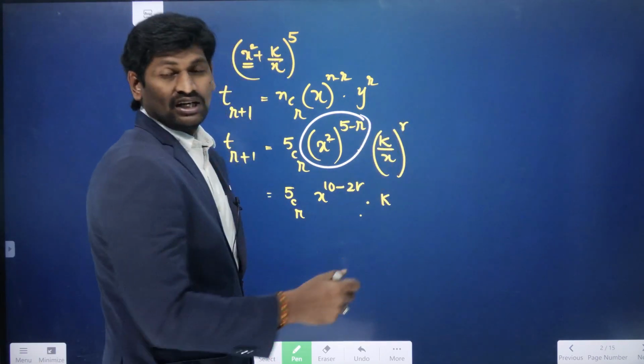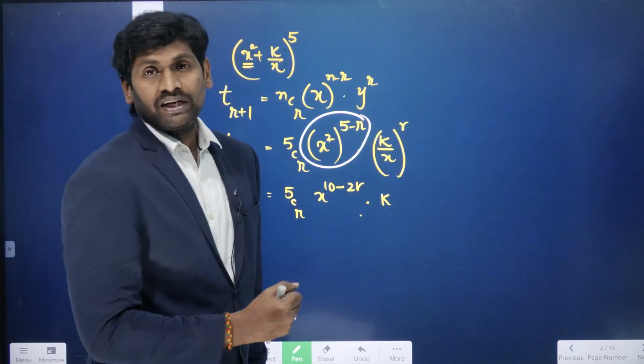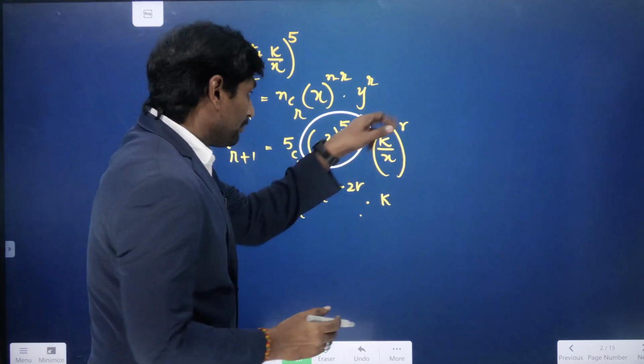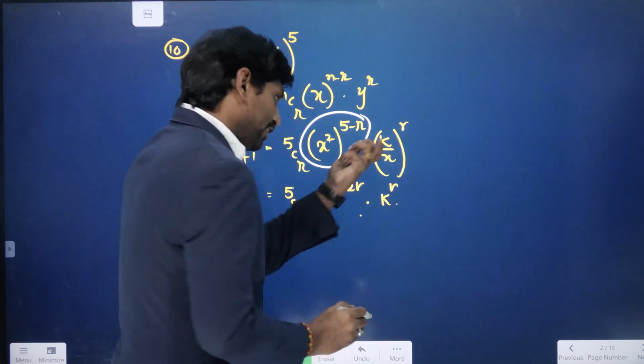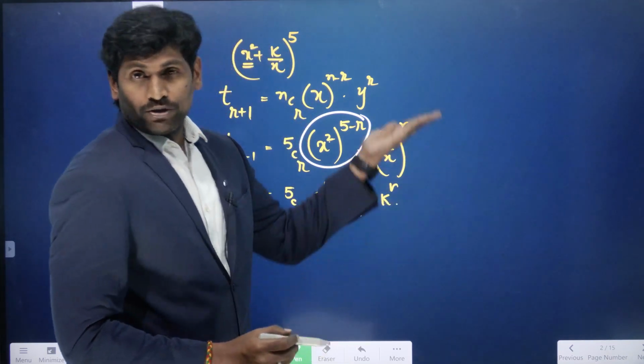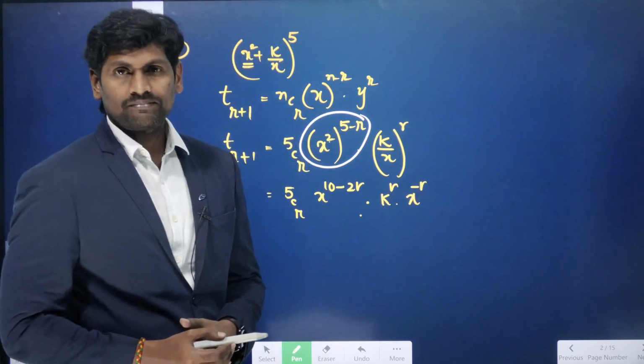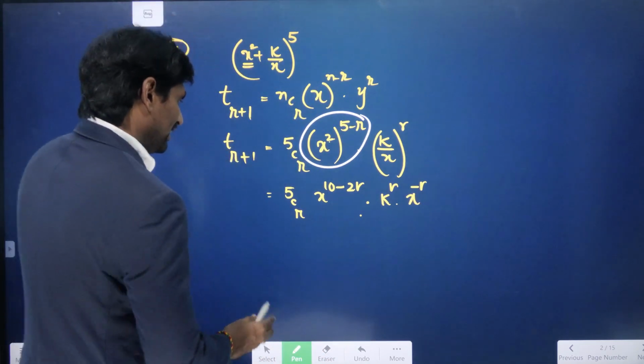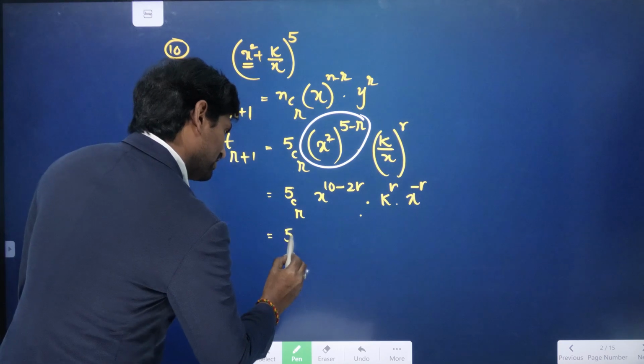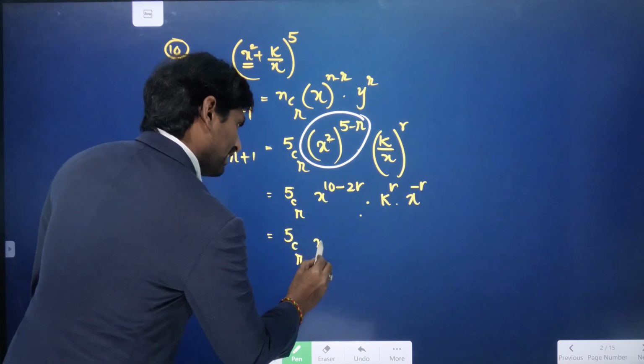Also I am going to apply the power separately to the numerator and denominator. It will be k power r and denominator x power r. When you bring it to the numerator, it will be x power minus r. Okay, now let us see, that equals 5Cr x power.